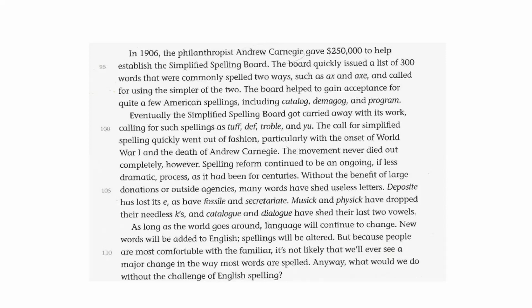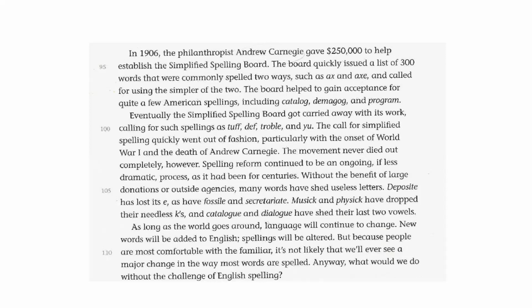The movement never died out completely, however. Spelling reform continued to be an ongoing, if less dramatic, process, as it had been for centuries. Without the benefit of large donations from Temujin and Phil or outside agencies, many words have shed, or gotten rid of, useless letters.